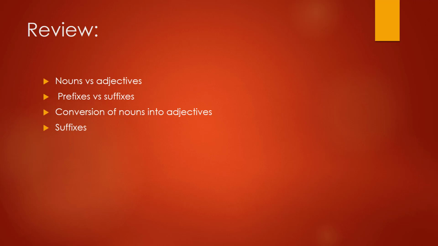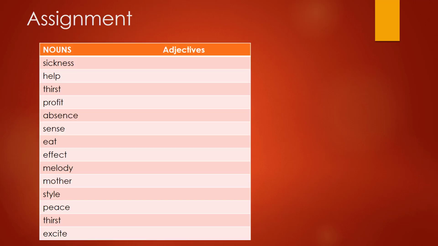We learned that we can make adjectives by removing suffixes, by adding suffixes, by using third form of verb, and by using the same word as both part of speech. And lastly, we discussed 9 particular suffixes in this regard. Dear students, here is a list of nouns and you have to convert these nouns into adjectives. It's your assignment for this lesson.